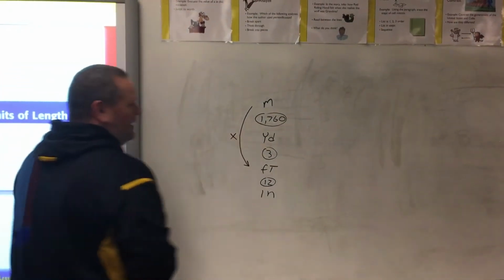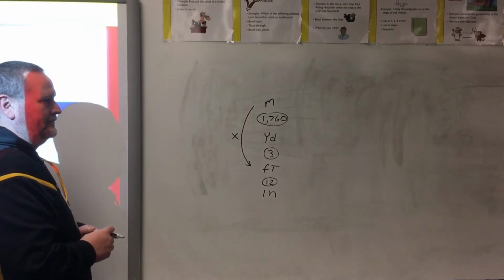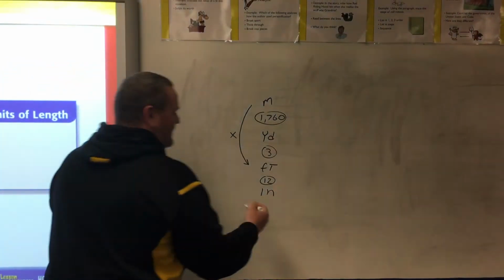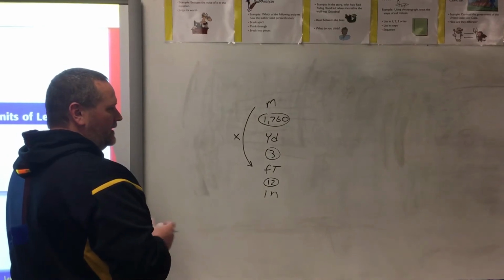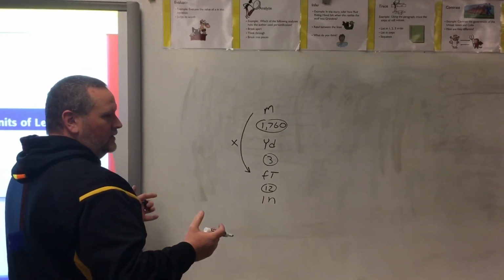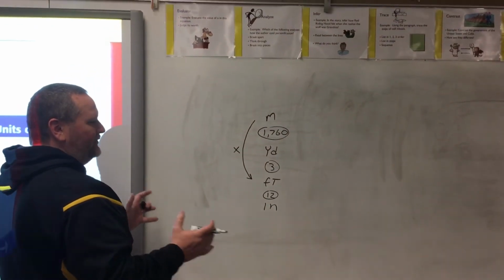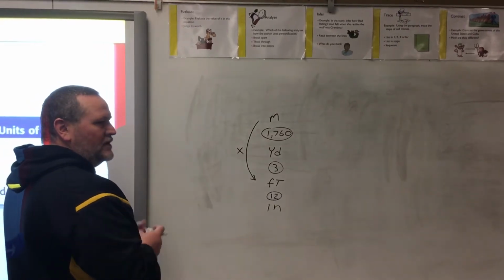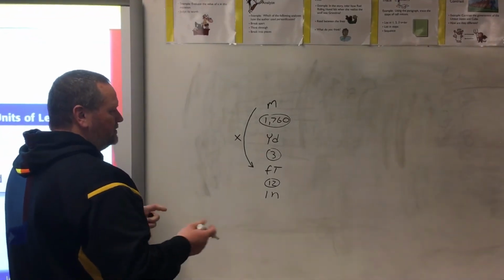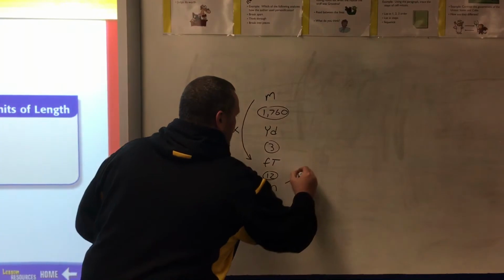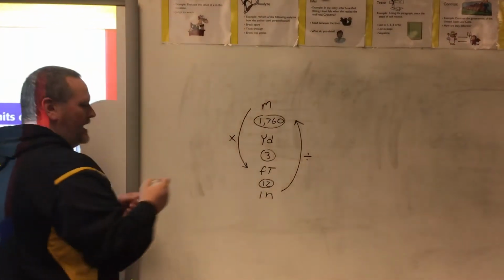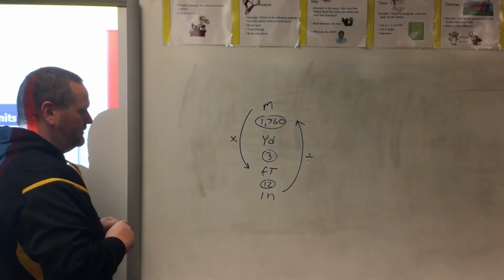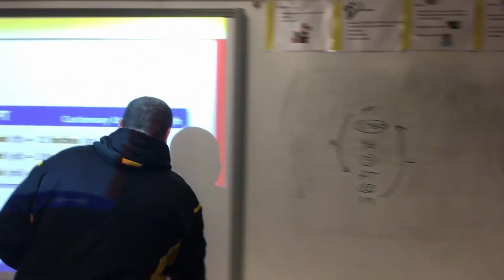So as you're going down, you have to multiply. As you're going up, if you start at inches and measure the same thing in, let's say, yards, you're going to need a lot fewer of that particular tool. So as you're going from a smaller unit up to a larger unit, you're going to divide by whatever number is in between. So we'll put that into practice.